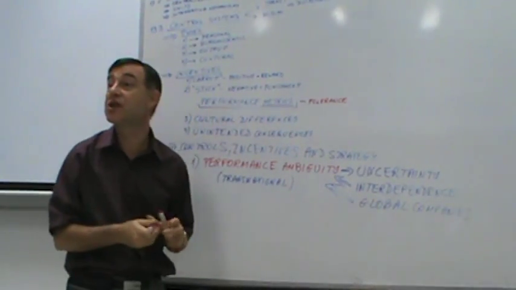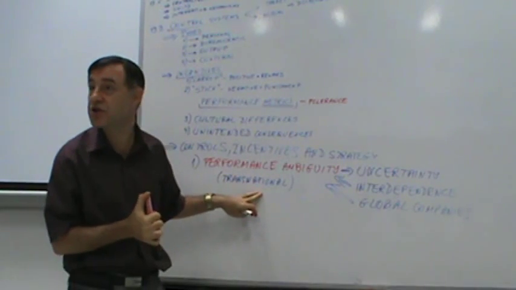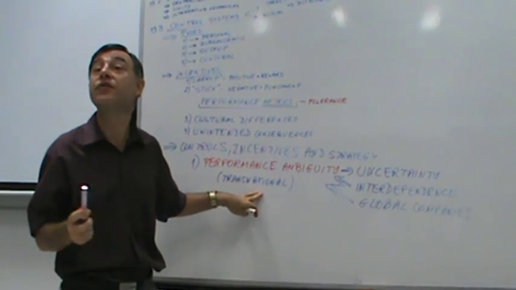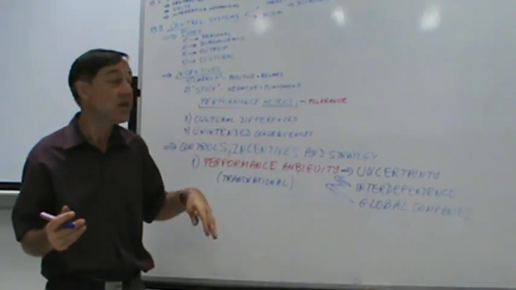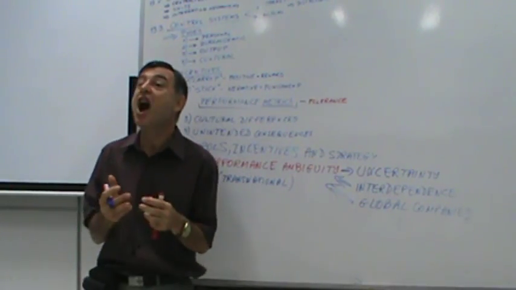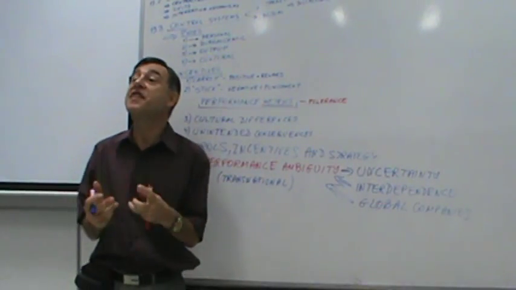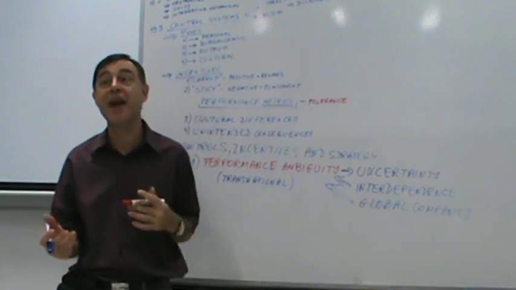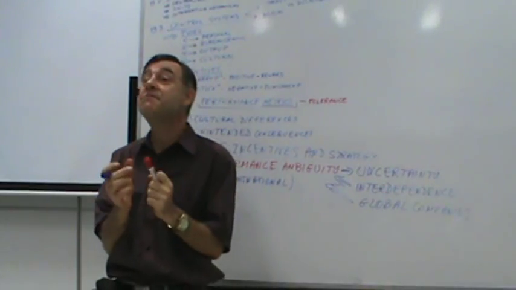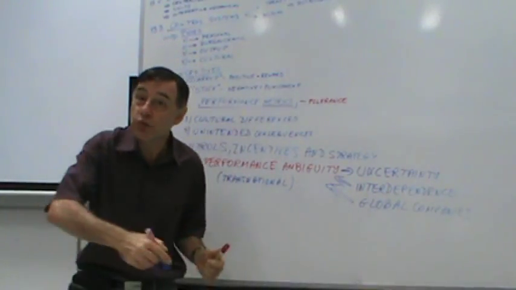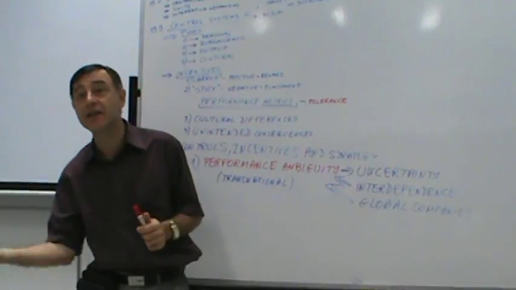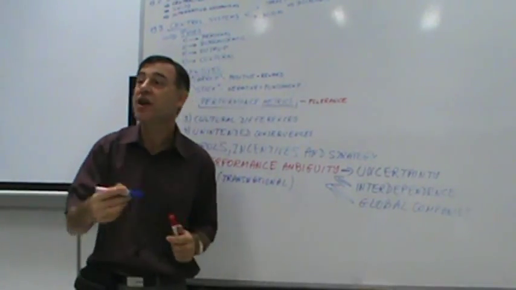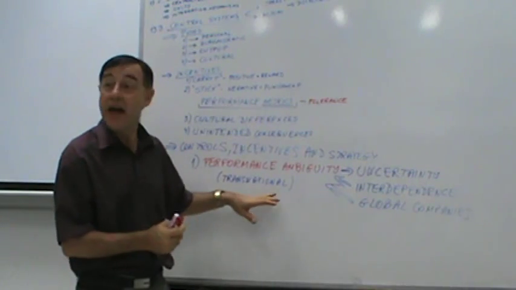In transnational companies pursuing transnational strategy, as you would remember from what I was explaining before, transnational strategy is the hardest. It's the most difficult one. It has the highest demands on management. It requires two-way transfer of skills, of knowledge, and of everything else.